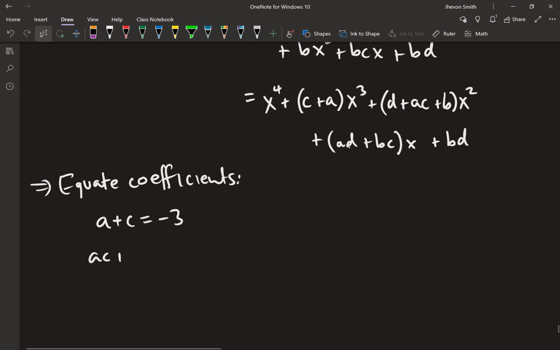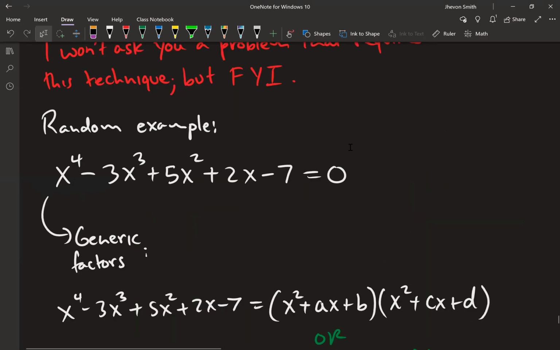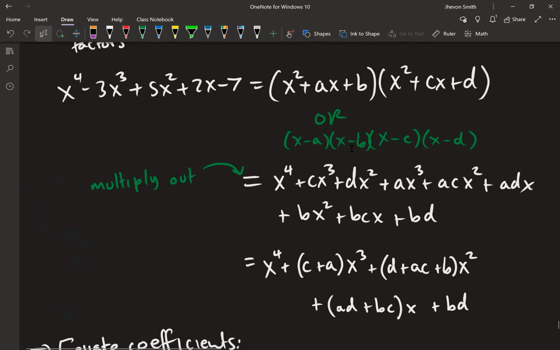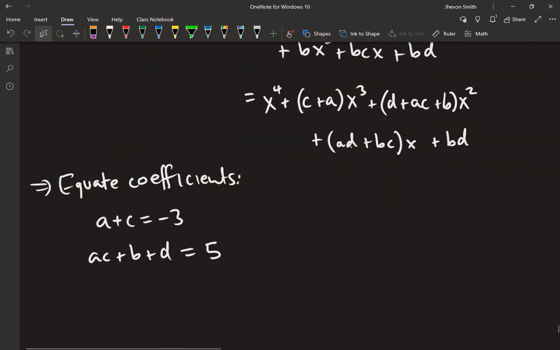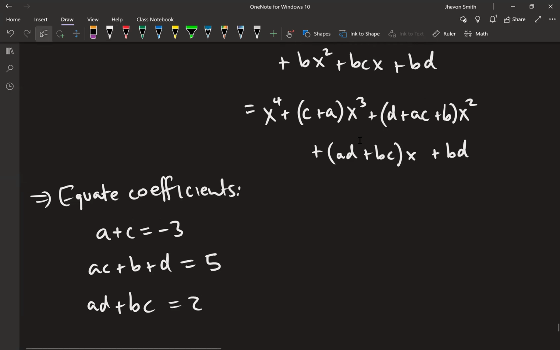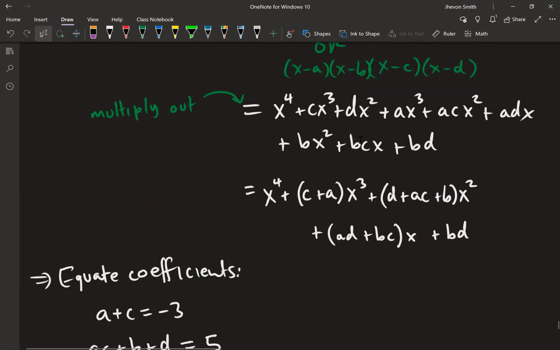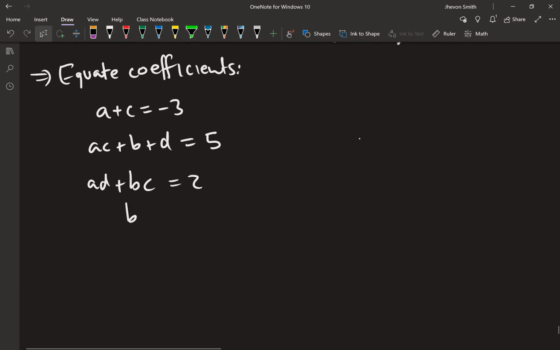So ac plus b plus d should be 5. The linear term should be 2. And the constant term should be minus 7. Then solve the system.